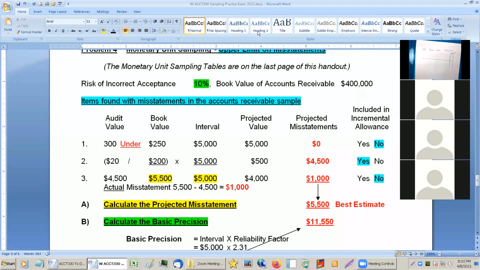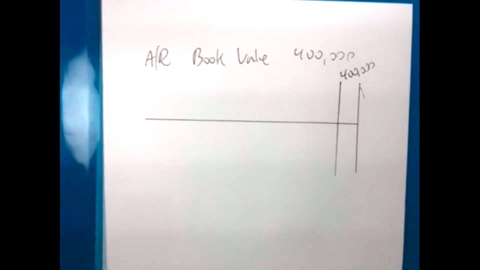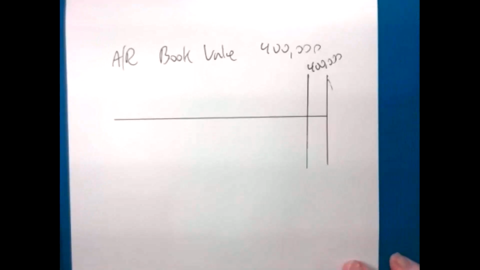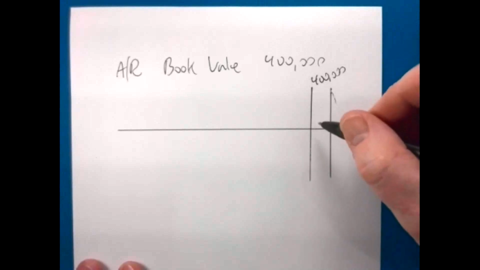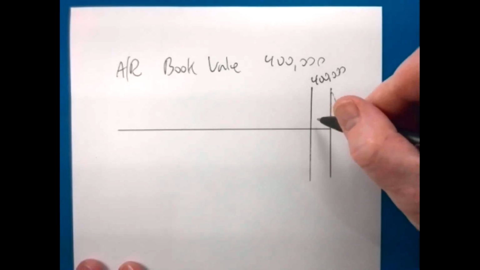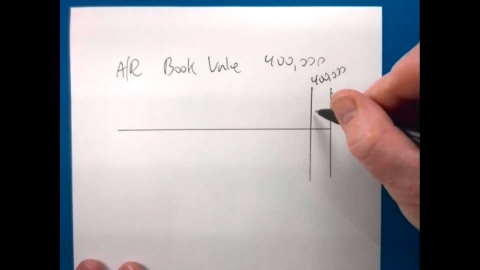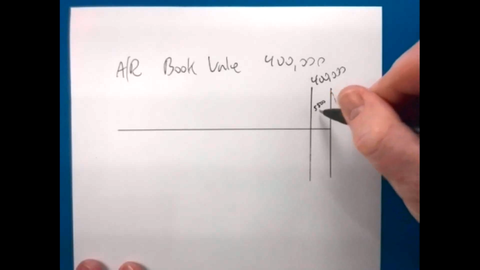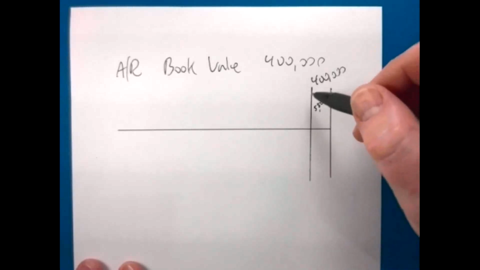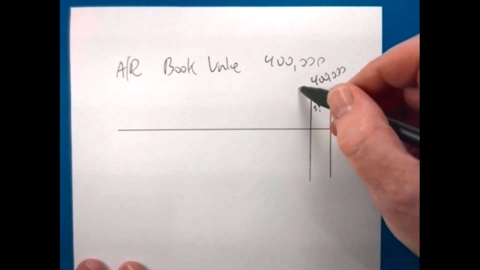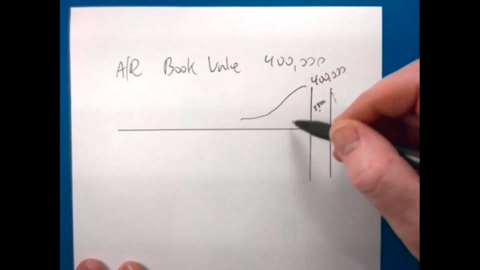Okay, so this is what this is kind of telling us. So 400,000, what they think it is. We're saying that our projected misstatement is 5,500. So this is an overstatement of 5,500. But if you think about it, it's almost like the curve here.